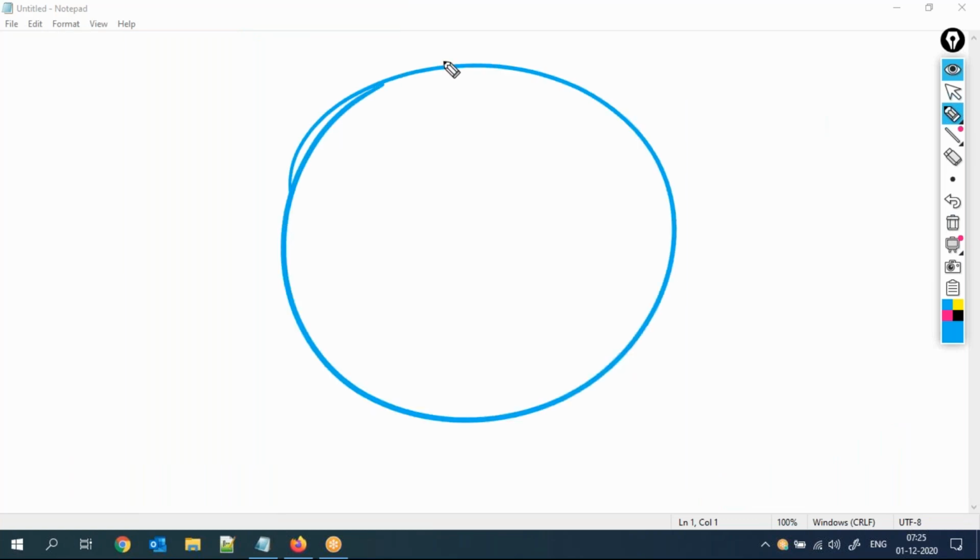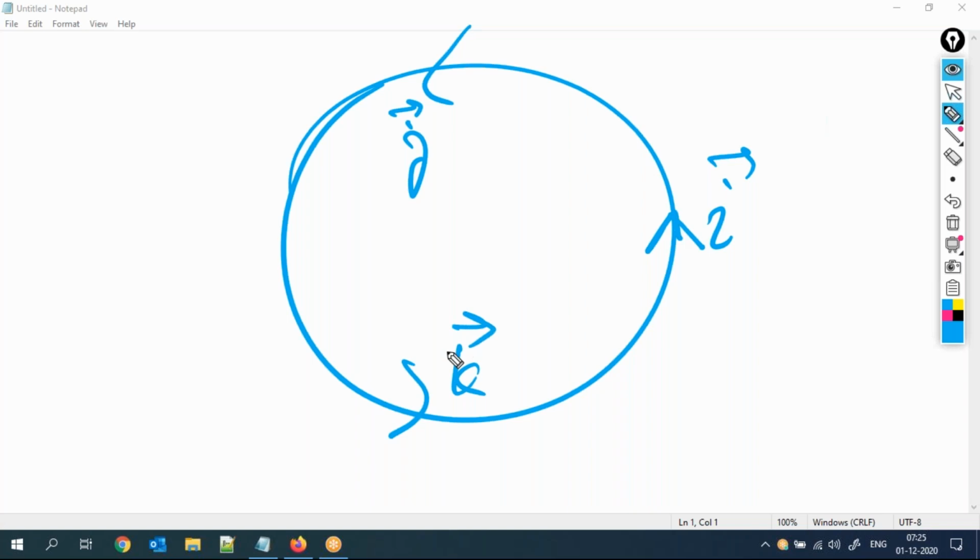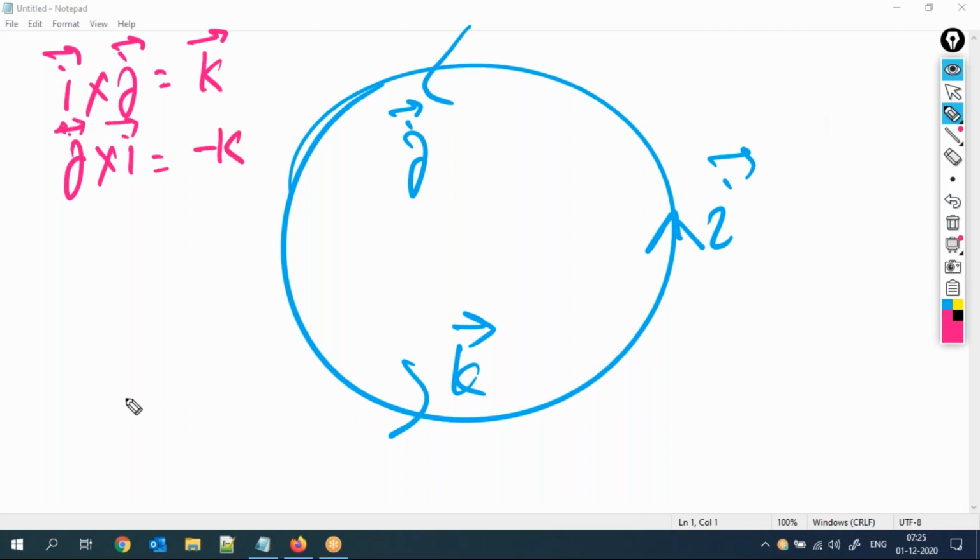So let us understand. Always, if you want to know, write a circle: i, j, and k. Always remember. So i cross j, positive direction or negative direction? Positive. k will be positive. j cross i, negative, so minus k.